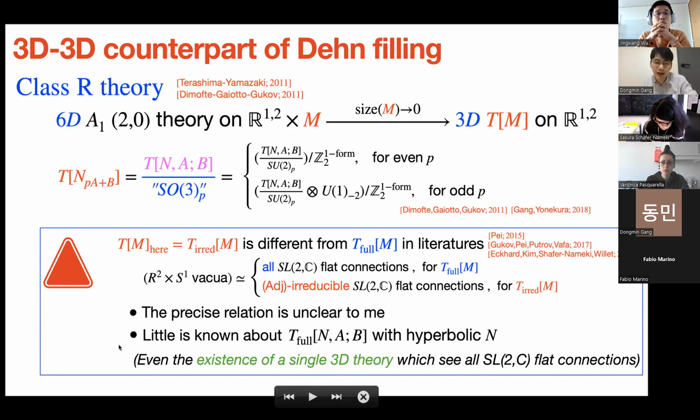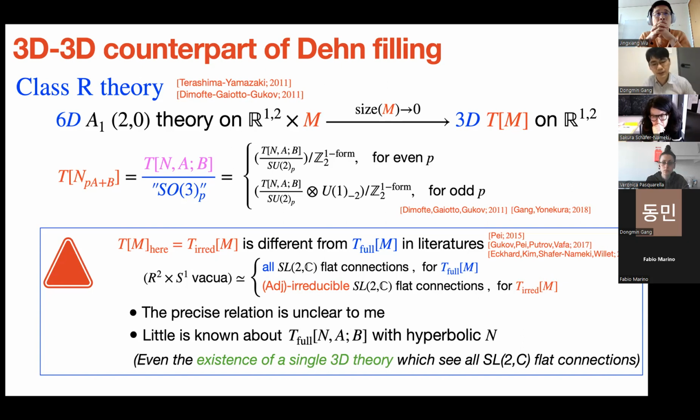Yeah, so we somehow do some procedure, taking some limit, and if there is some disconnected branch of the vacua, then maybe we need to choose some certain branch in the compactification. And I think that in our TM theory, we are choosing some certain branches in the compactification.